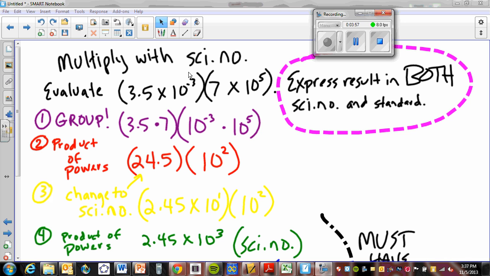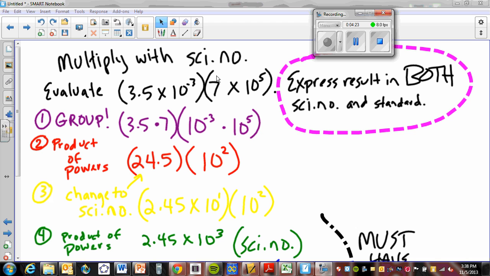Multiplying with scientific notation, the instructions will say evaluate, and it'll give you this, and it'll say express result in both scientific notation and standard. So once you figure this out, I'm going to see it both ways. It's got to have it both ways. Okay, so we have 3.5 times 10 to the negative third times 7 times 10 to the fifth. First thing we want to do is group.